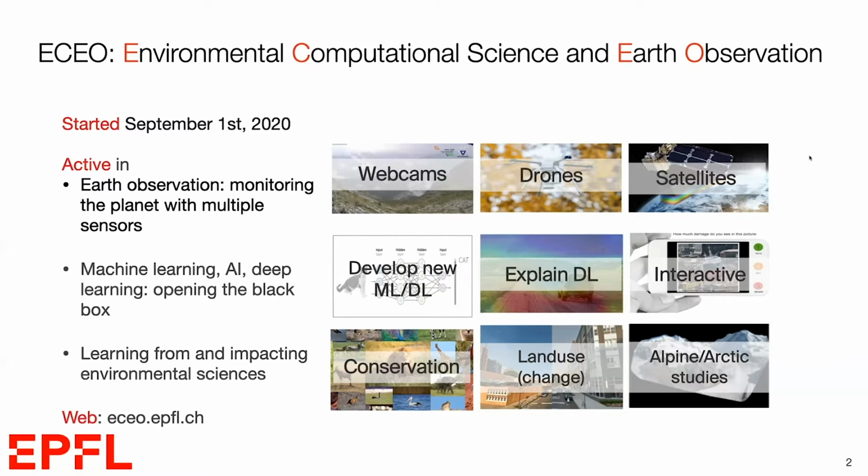Something closer to my heart is that we work a lot on interactive learning, where humans and the machine work hand in hand, and it becomes a feedback loop rather than having two disjoint sets of humans annotating and machines doing all the predictions. I'll talk about that again in the end.